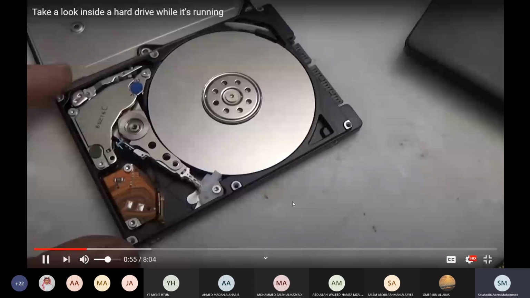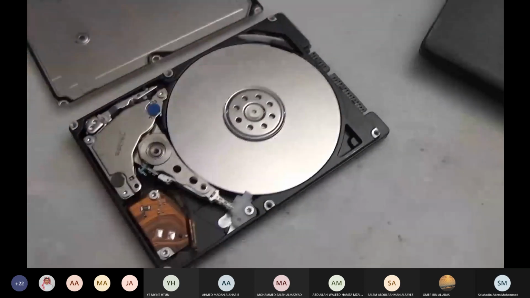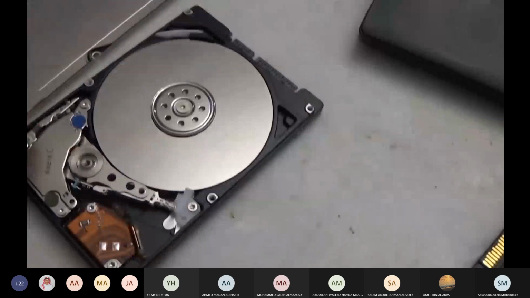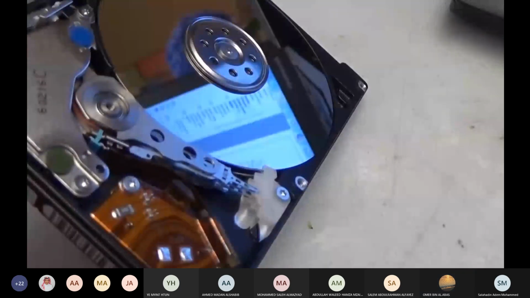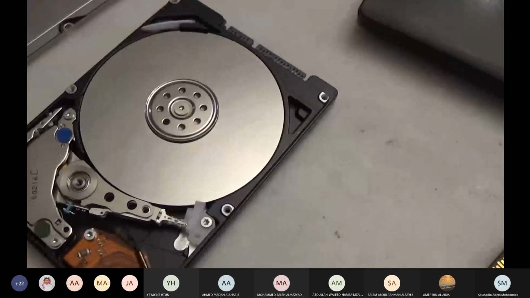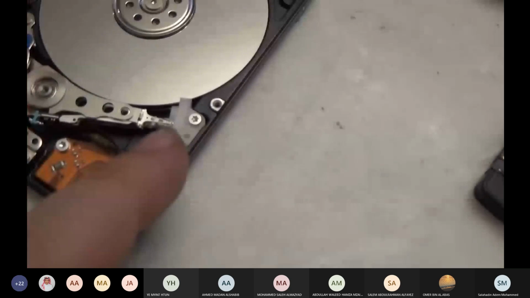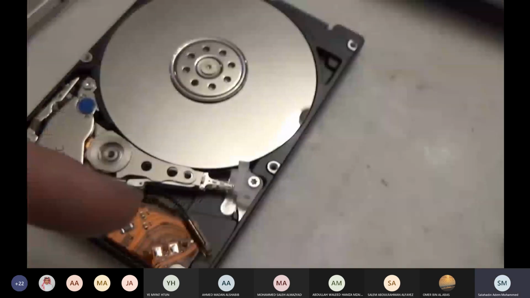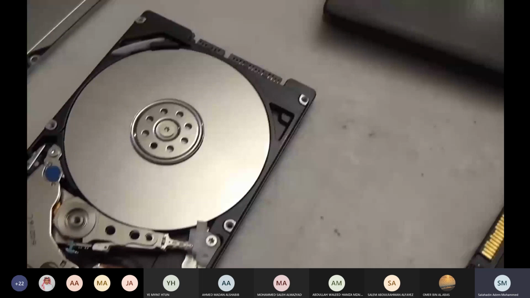This is the one that reads and writes. You cannot see the tracks; it is difficult to see the tracks.